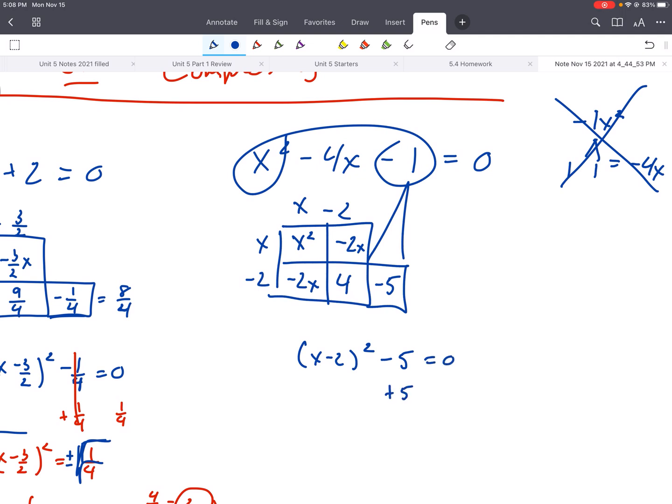Would add 5 to both sides. Would square root both sides. So we get x minus 2 equals plus or minus the square root of 5. And then we'd need to add 2. So those would be our solutions, 2 plus the square root of 5 and 2 minus the square root of 5.